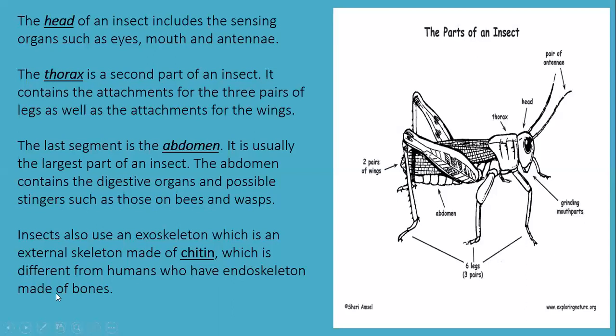This exoskeleton is different from humans, who have an endoskeleton. Human beings and other animals, as we say, the vertebrate animals, have an endoskeleton made of bones. It means inside their body there is a framework of bones, which we call the skeleton, which gives shape and strength to the body.